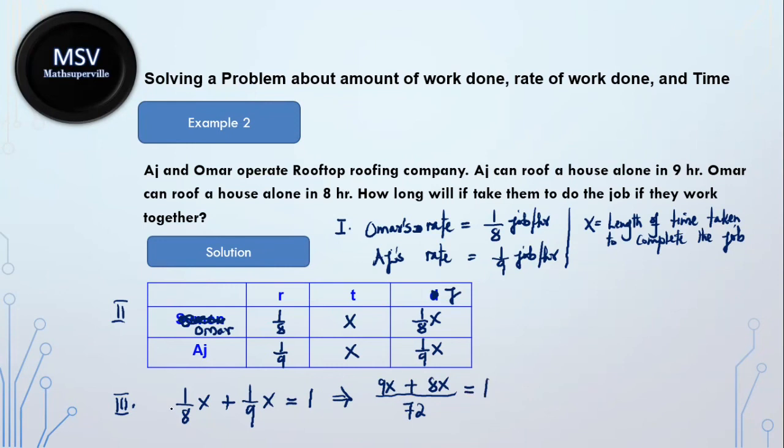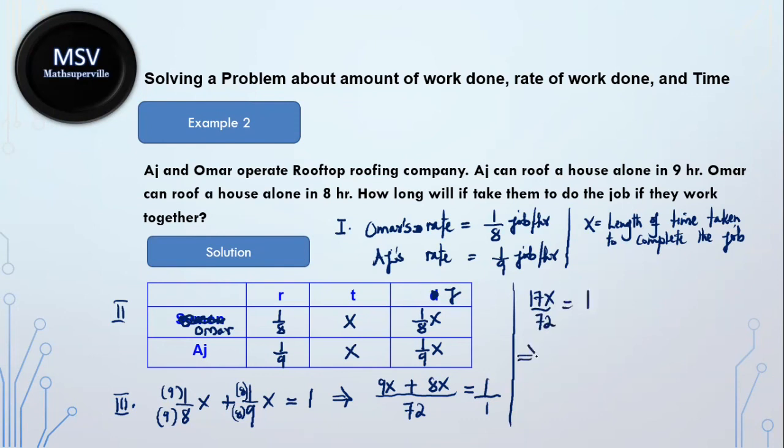So in other words, I'm multiplying this by 9 and this by 8, so that I end up with the LCD and then continue solving the equation. So 1, I will regard this as 1/1. So that gives me 17x divided by 72 is equal to 1.